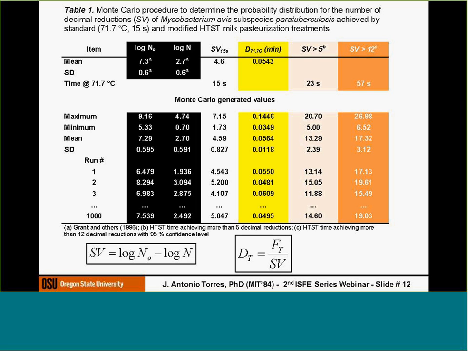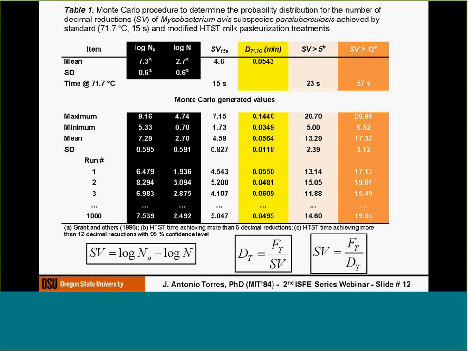So we now have 1,000 estimations of the d-value used in the calculation. Now what I'm looking for is the processing time, by the d-value which I have calculated here 1,000 times, and therefore V.